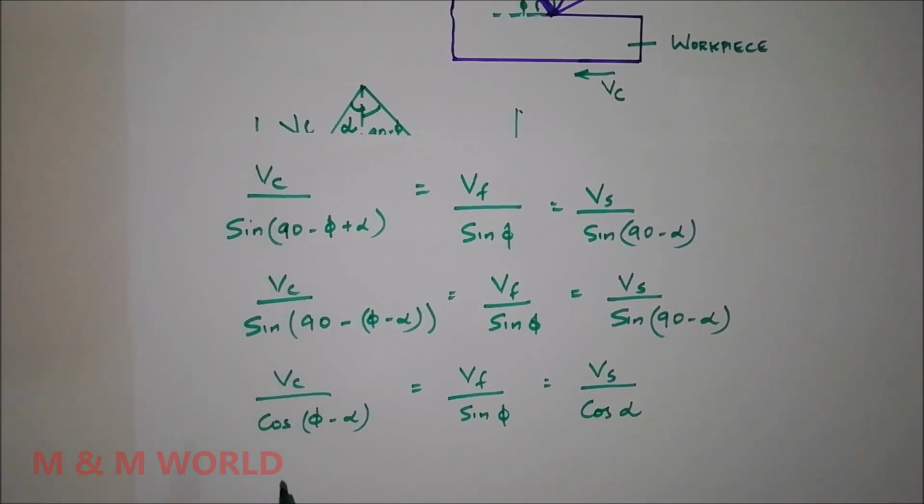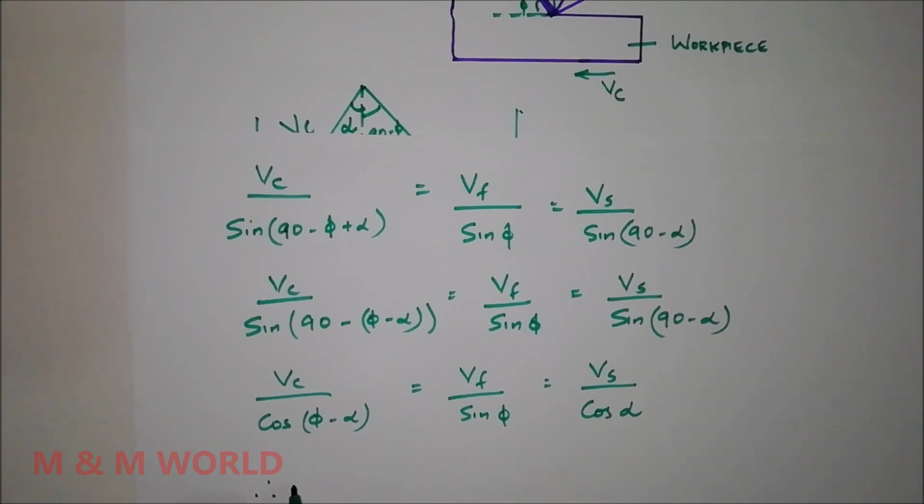Of these three velocities VC, VF and VS, the value of VC, that is the cutting velocity, is always known. So the other two velocities can be found out using the relationship.